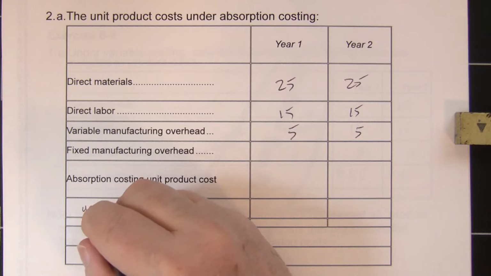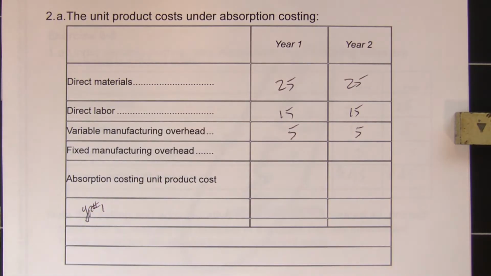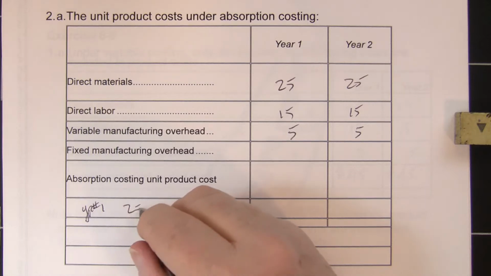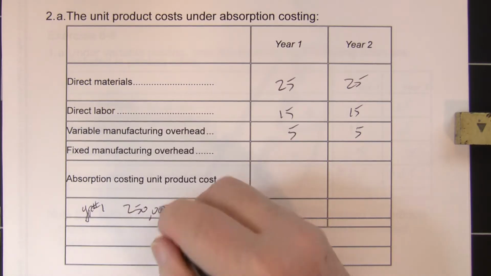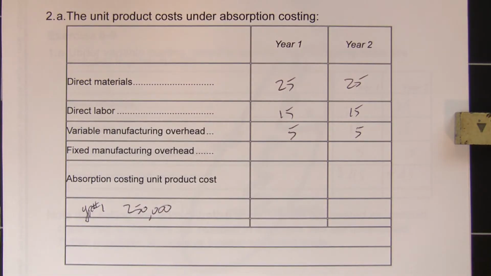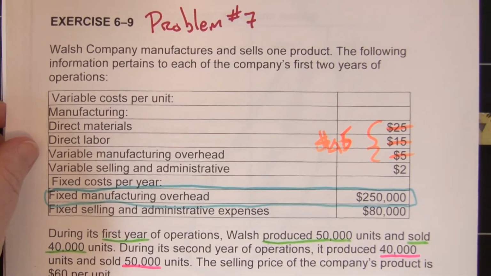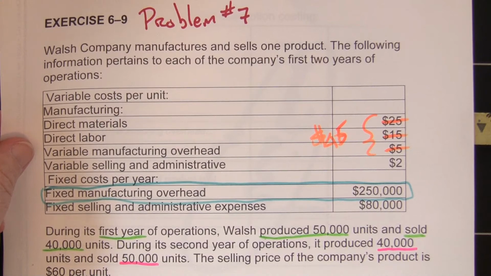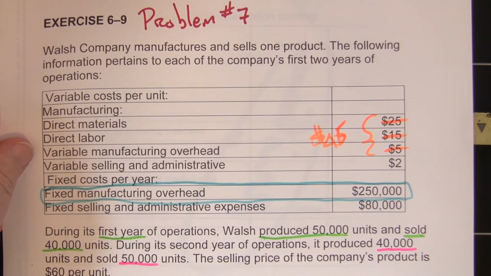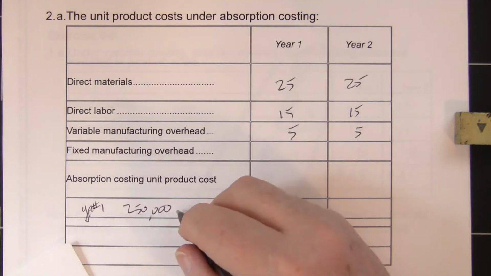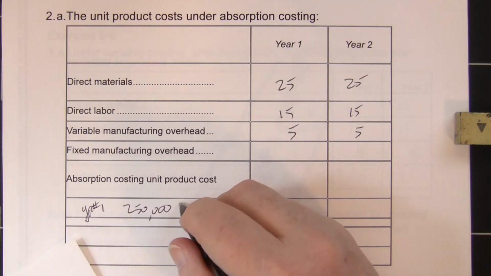So year number 1, we have $250,000 in fixed manufacturing overhead. Remember the number in our little blue box, 250,000. And we're saying for that $250,000 in fixed overhead, we made 50,000 units.